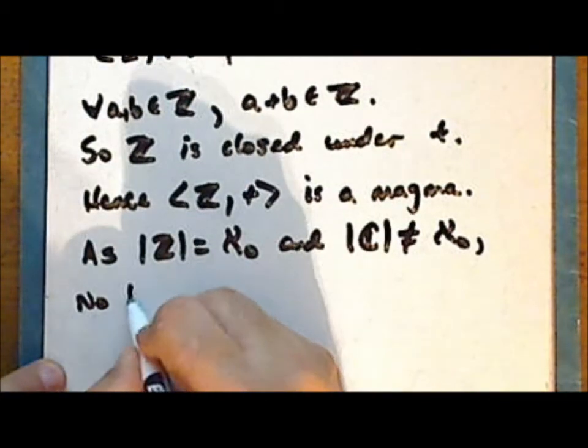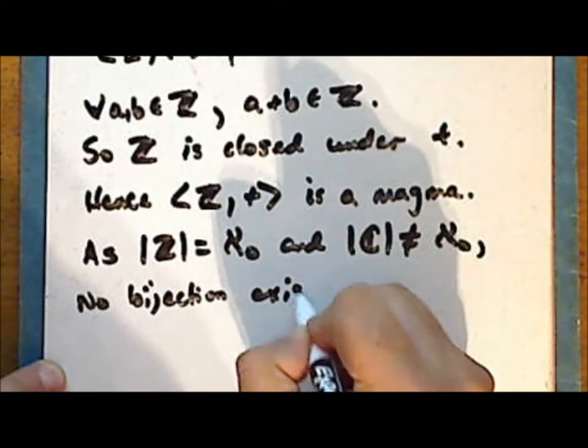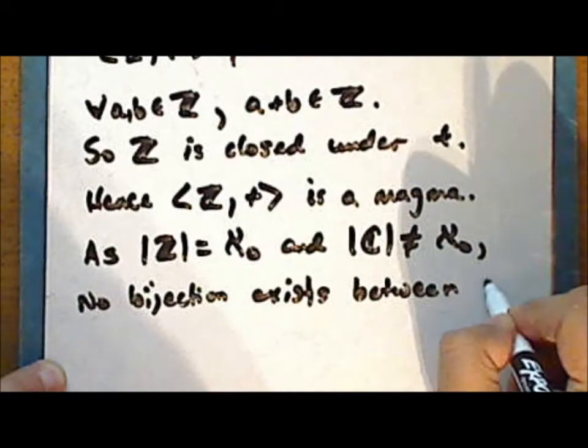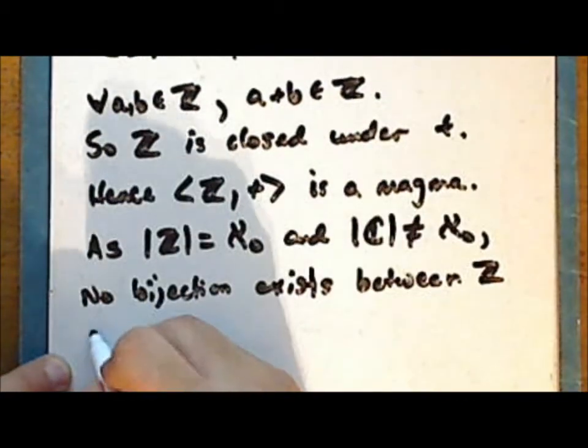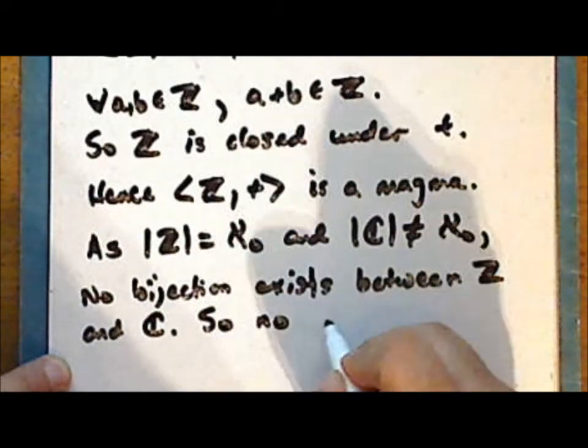No bijection exists between the set of integers and the set of complex numbers, so no isomorphism exists.